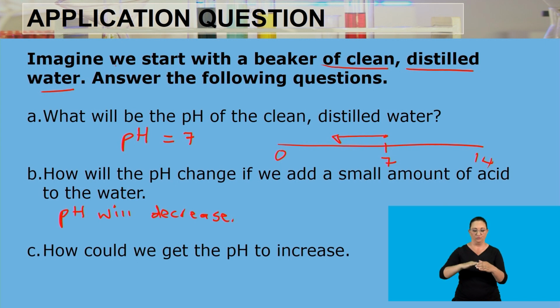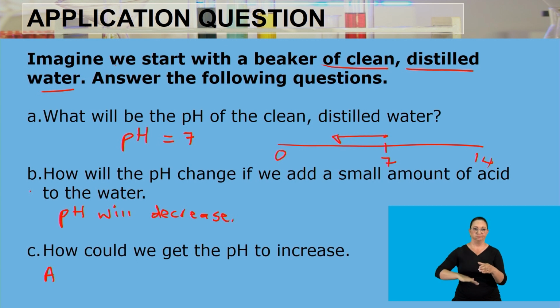Now, question C, how could we get the pH to increase? That means we need to add a base, or we need to remove the acid that was added. If we are starting from this particular solution of the acid and the water, we need to remove the acid, so the pH is going to increase. Or we can just simply add more water. Remember that the water is neutral.